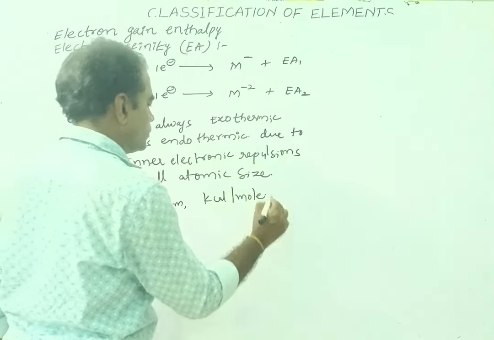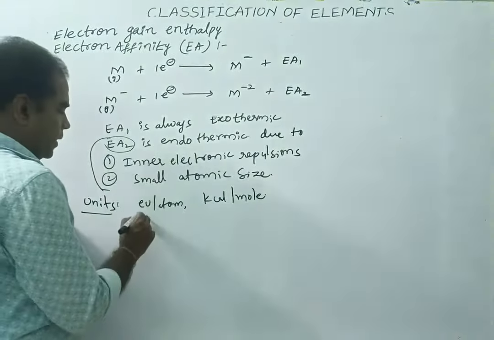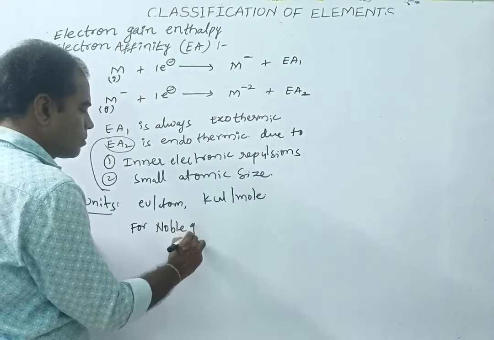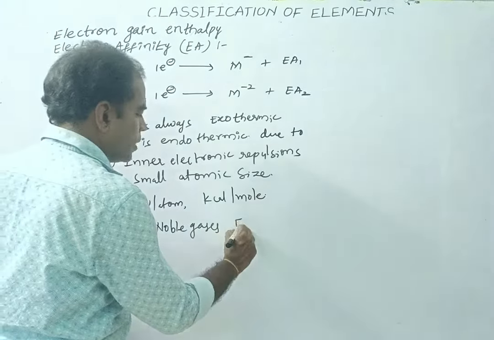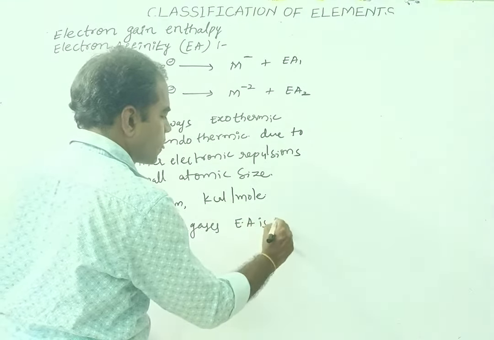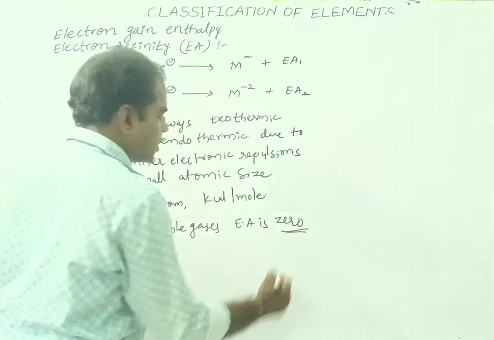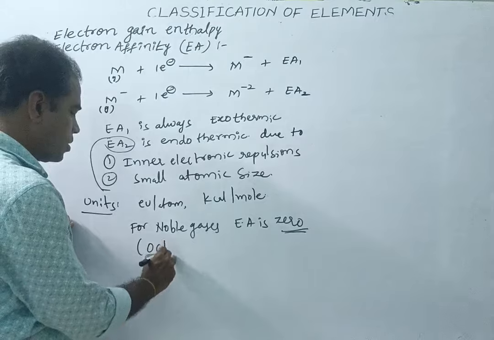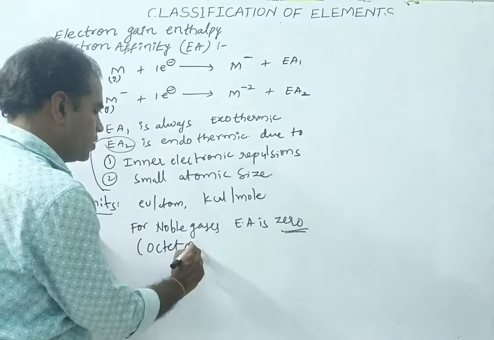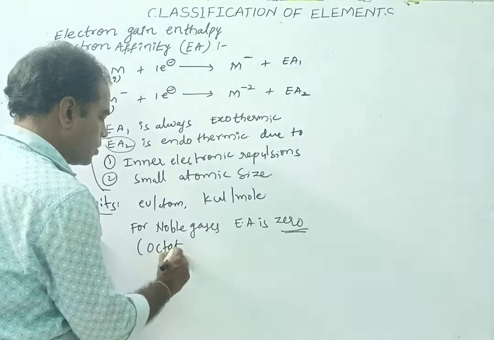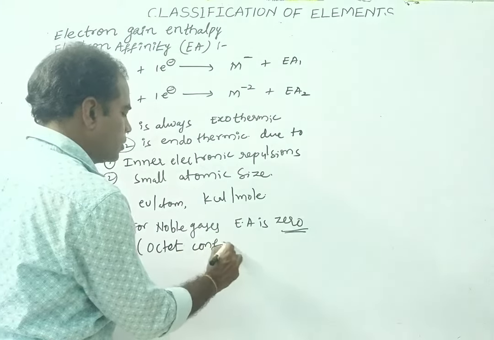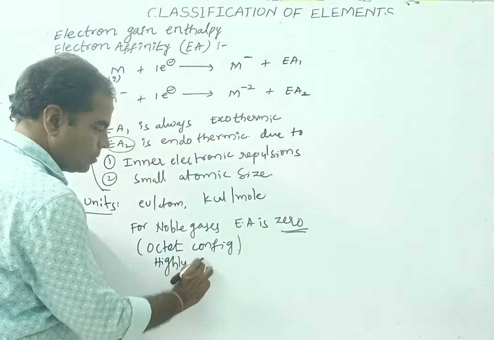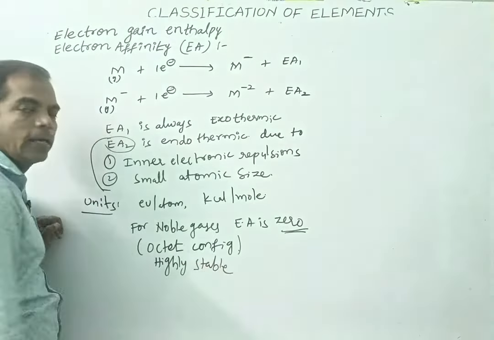For noble gases, electron affinity is considered to be 0. Why? Because they have an octet electronic configuration, which is highly stable.